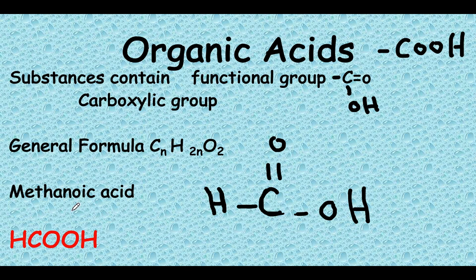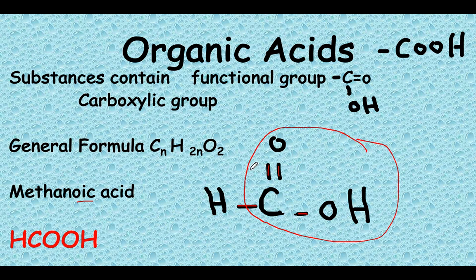As we know, methane is one carbon, and we're going to add -oic, so methanoic acid means one carbon. All these are considered the functional group of the carboxylic acid.